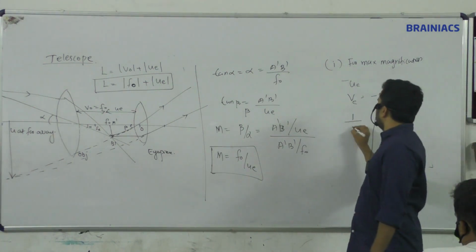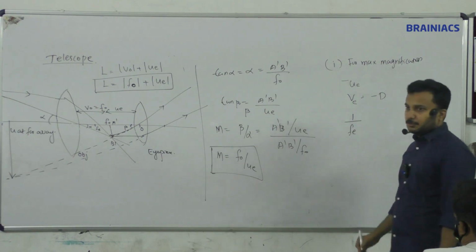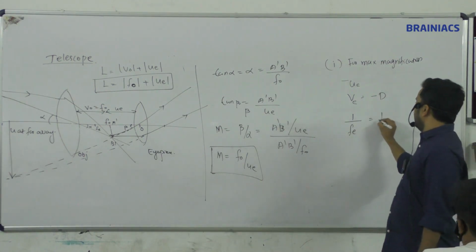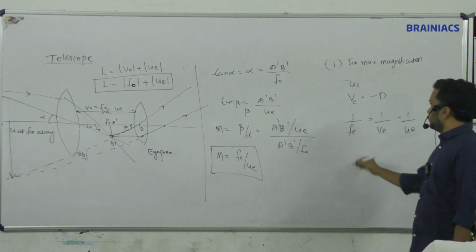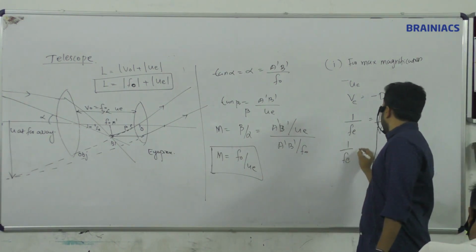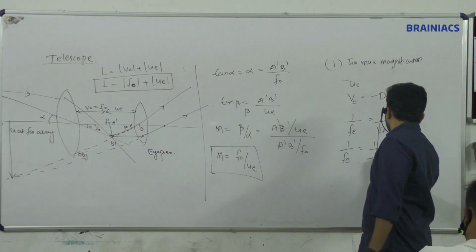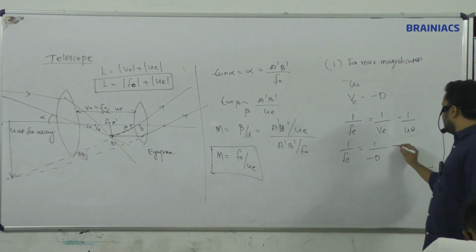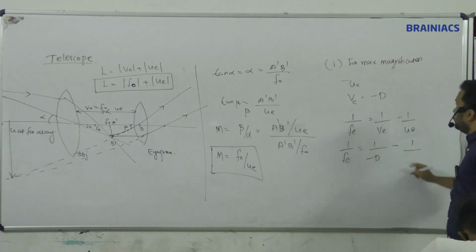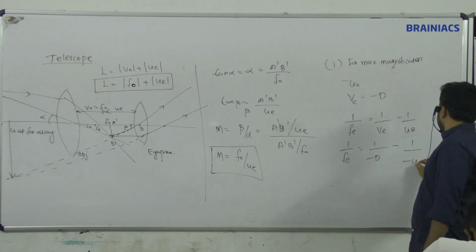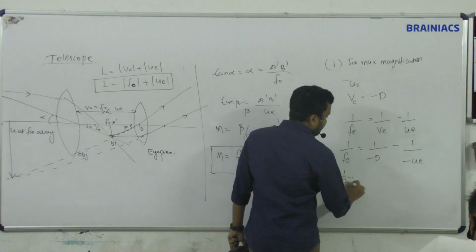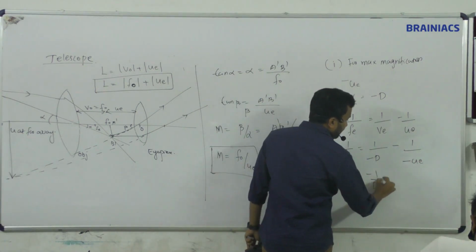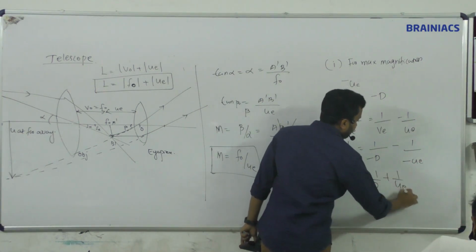The focal length of the eyepiece FE: lens formula 1 by FE is equal to 1 by VE minus 1 by UE. So 1 by FE is equal to 1 by minus D, minus 1 by minus UE. Substituting, 1 by FE equal to minus 1 by D plus 1 by UE.